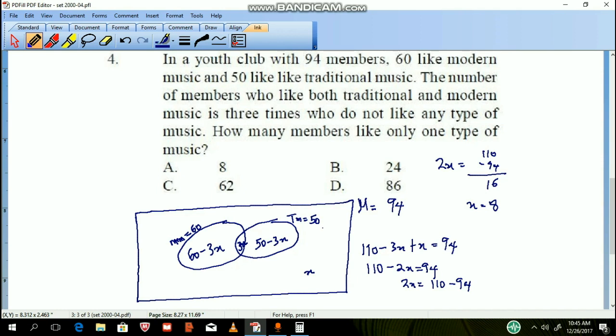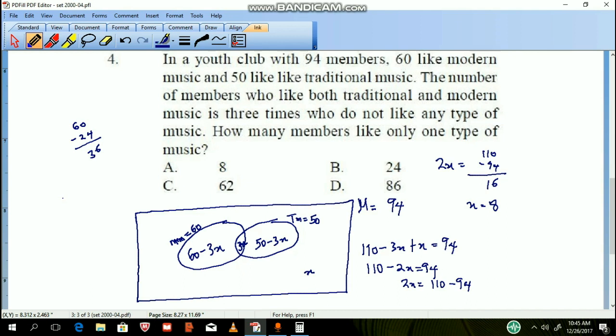So if x is 8, now how many members like only one type of music? Only one type of music is 60 minus 3x plus 50 minus 3x. So 3 times 8 is 24. So we have 60 minus 24 here, we have 36.